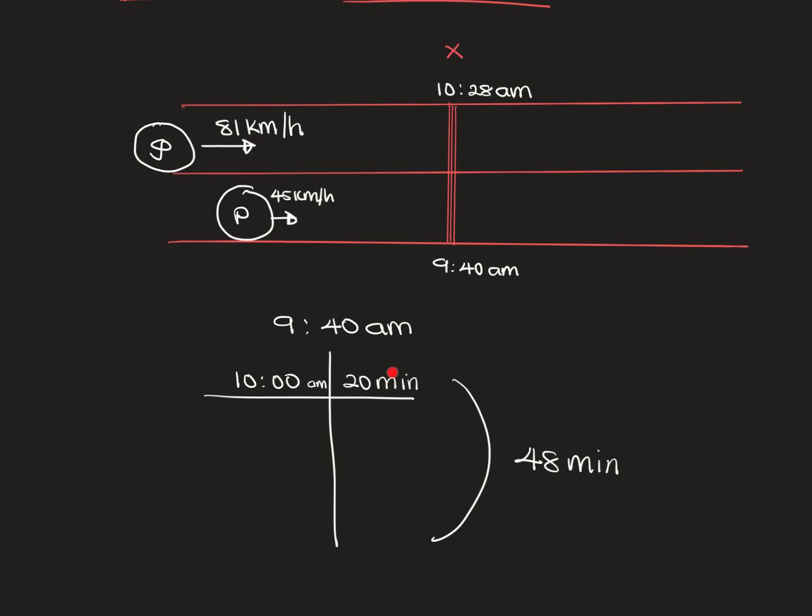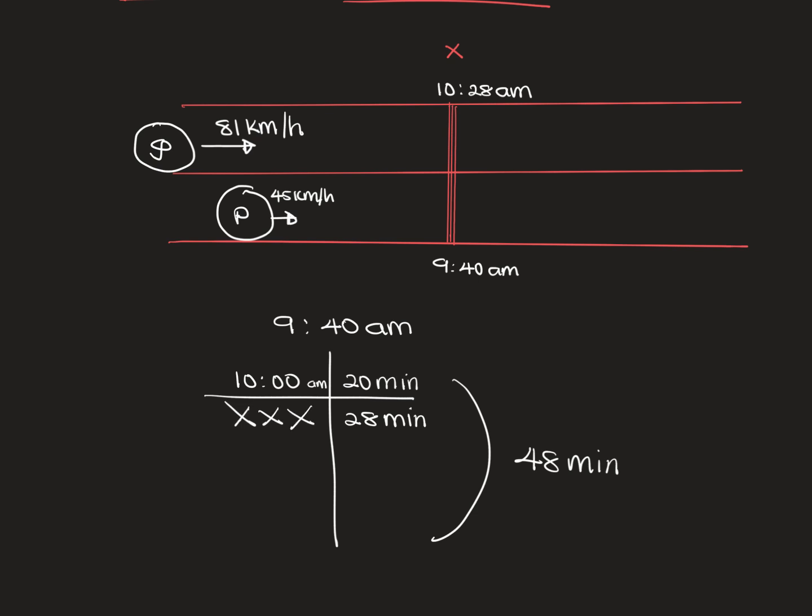If I have already taken out 20 minutes from 48 minutes, how many more minutes am I left with? That will be 28 minutes. Because this 28 minutes is not up to 60, I cannot add an hour here, so that is all.